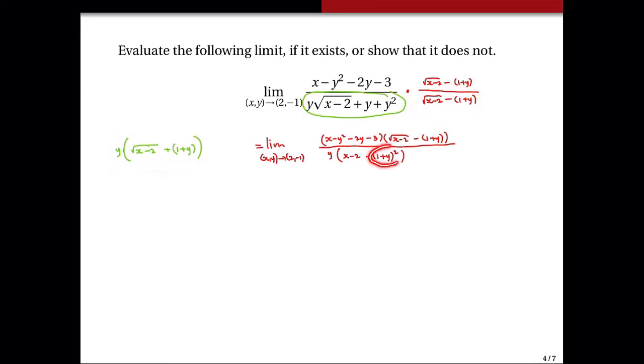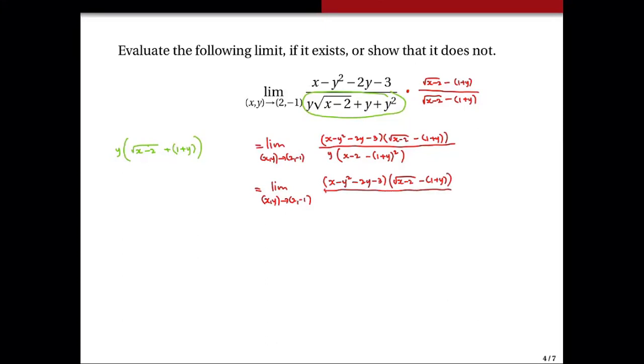Now let's try to expand this, and I hope after we expand that, some nice things will come out. The numerator is still the same, (x - y² - 2y - 3) times (√(x - 2) - 1 + y).